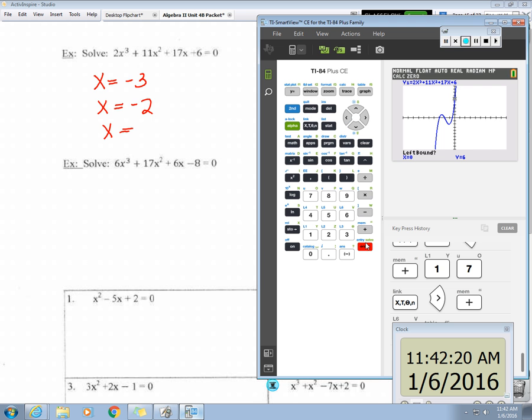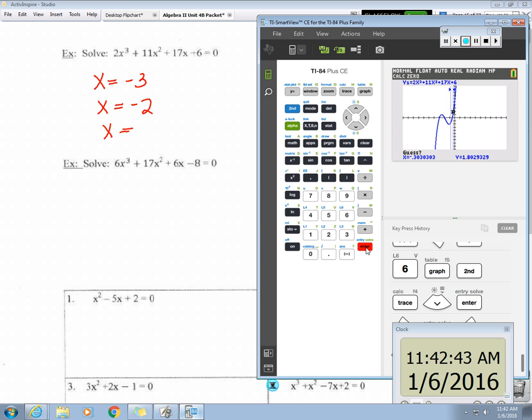Now, we've done something like this before. It says left bound. So what I'm wanting to do is go to the left side of this 0. So I'm going to move my cursor until I'm on the left side of it. Am I on the left side of it now? Yes, so I'm going to enter. Then I'm going to move my cursor until I'm on the right side of it. Am I on the right side of it now?